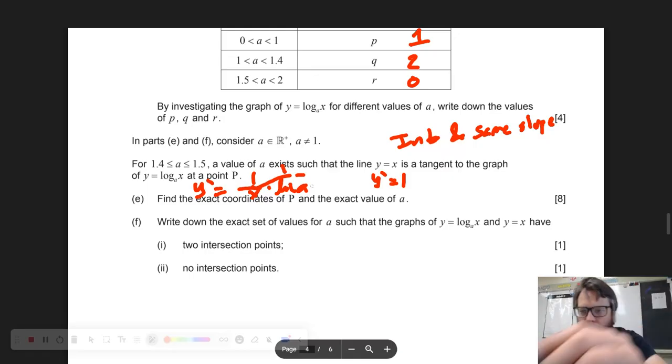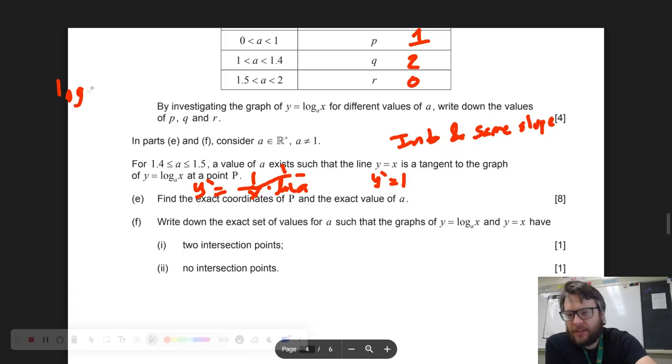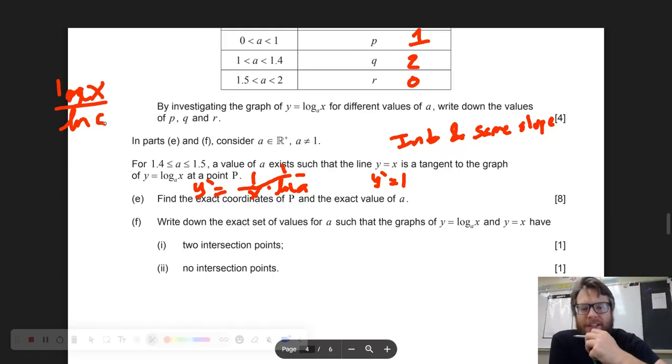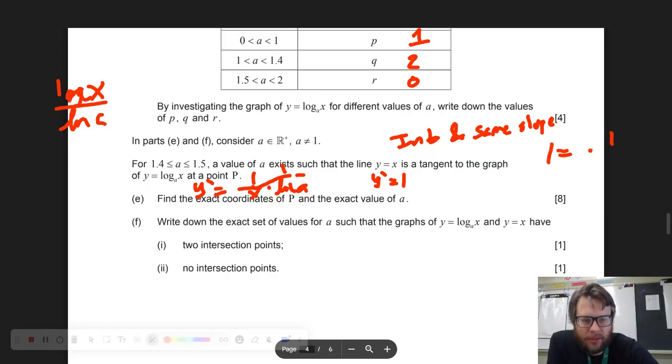Or if you remember that log base a of x is the same as natural log of x divided by natural log of a, with that change of base formula, you can see why that's the derivative. So if we set those two things equal to each other, we have 1 equals 1 over x ln a. In other words, multiply by x, x equals 1 over natural log of a.